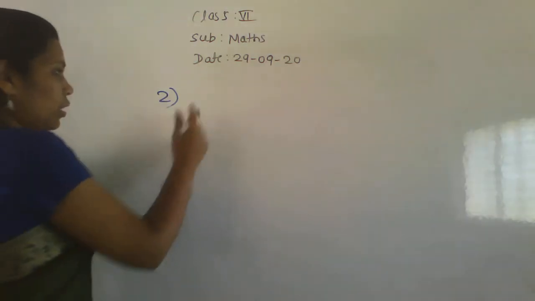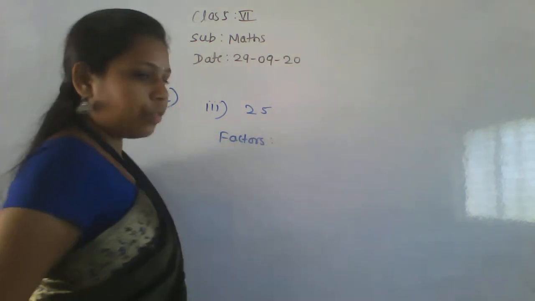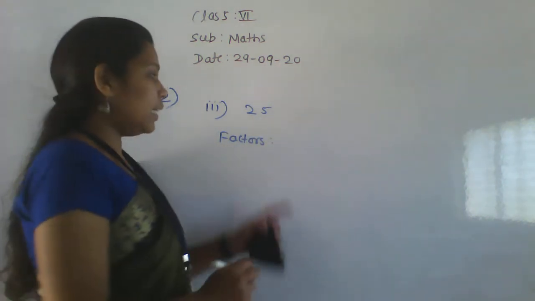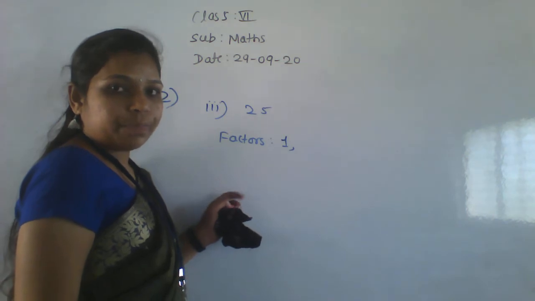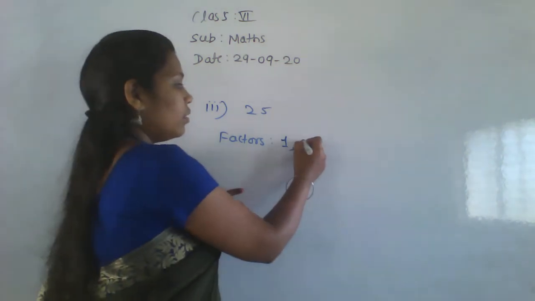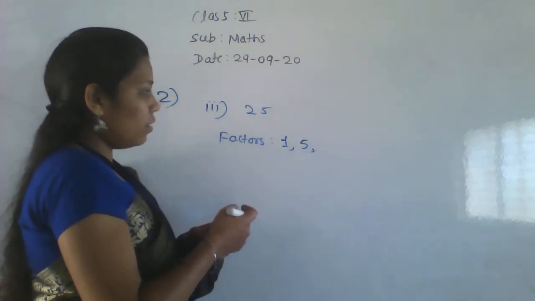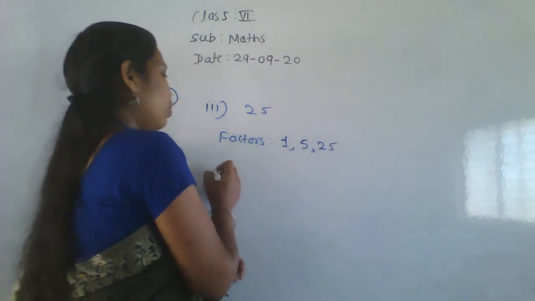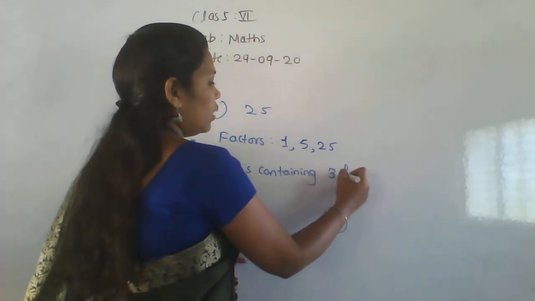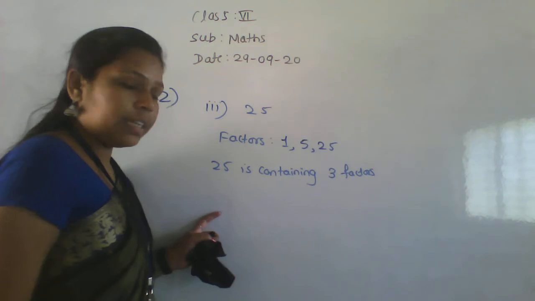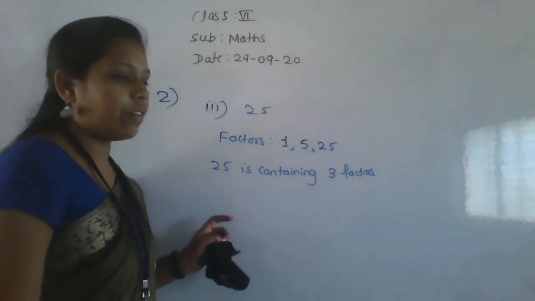What are the factors of 25? 1, then 5, since 5 times 5 is 25, and after that 25 itself. No other number divides it. So 25 is containing 3 factors. Getting everyone? Okay, fine. Go for the next one.